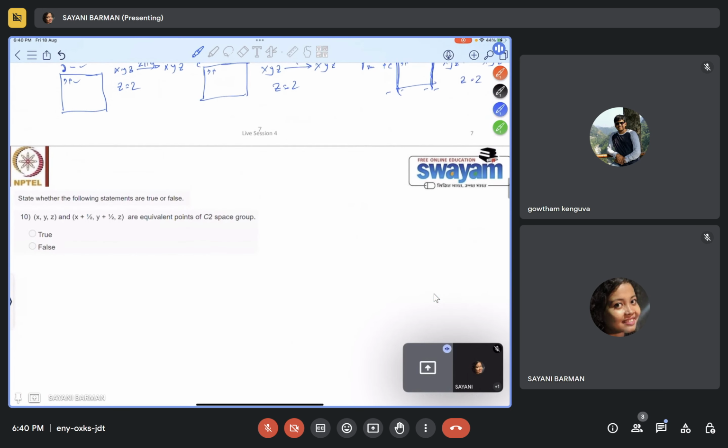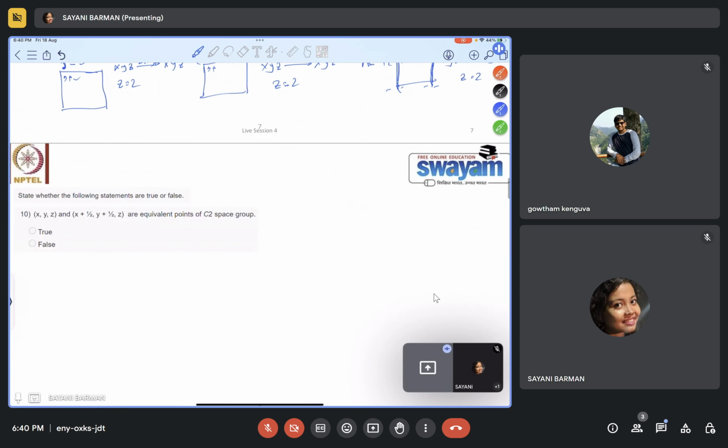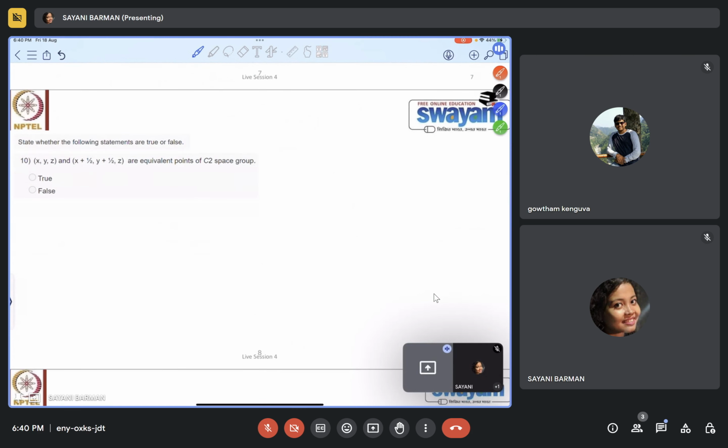Now our equivalent points are C2 space group. From C, by seeing only you can say that this is true, because the lattice type is C centered. So there must be one. If there is one point, it's X, Y, Z, right? For primitive lattice, this is the only point.